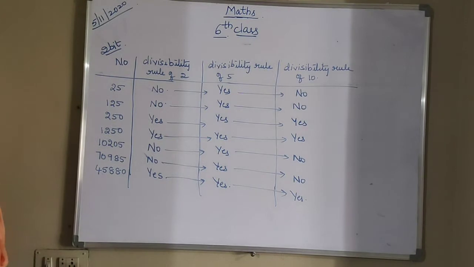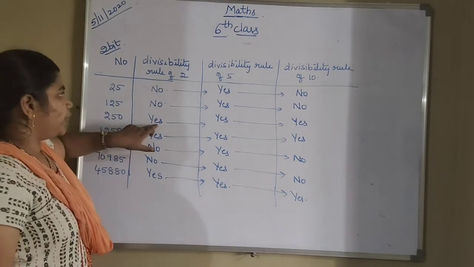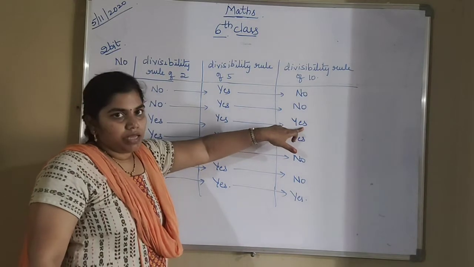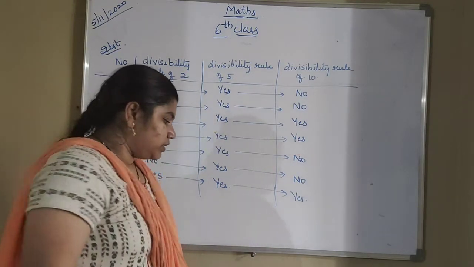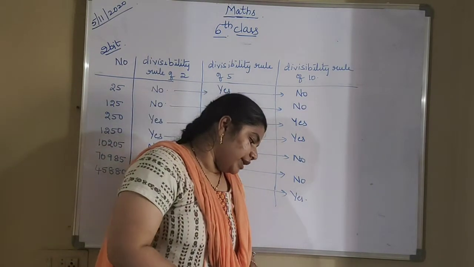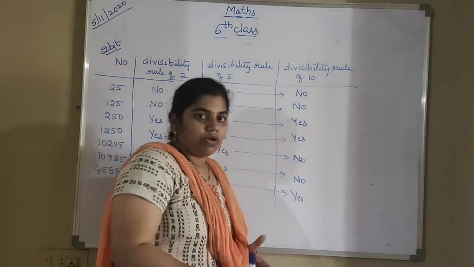Okay, so what you have observed here is, if it is divisible by 2 and 5, automatically it will be divisible by 10 also. So what did they tell us to check? Check whether the numbers that are divisible by 10 are divisible by 2 and 5. Yes.